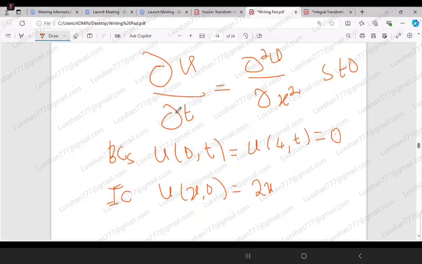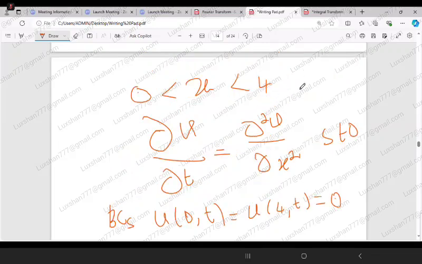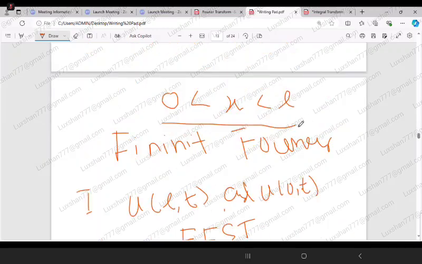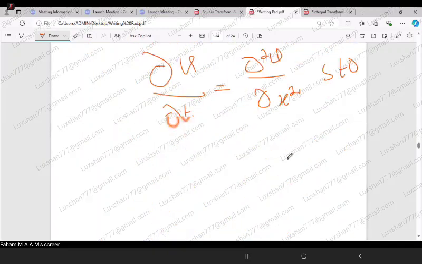We want to solve this, so we first identify our L. Normally we have the form 0 to L, so here accordingly L is equal to 4.